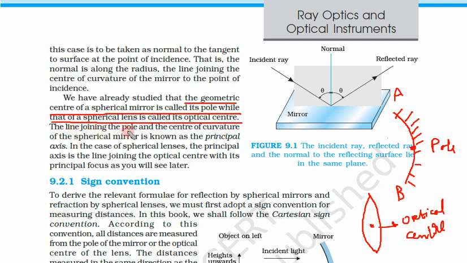The line joining the pole and the center of curvature of the spherical mirror is known as the principal axis. So first of all, let us see what this center of curvature is. Suppose we have a spherical mirror. It might be a concave mirror or it might be a convex mirror.